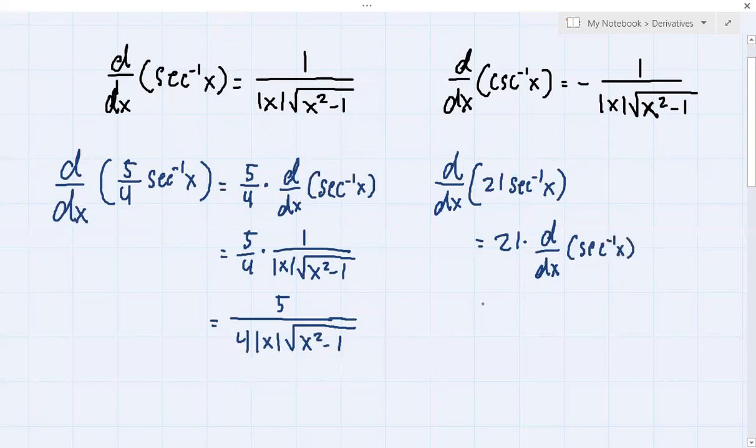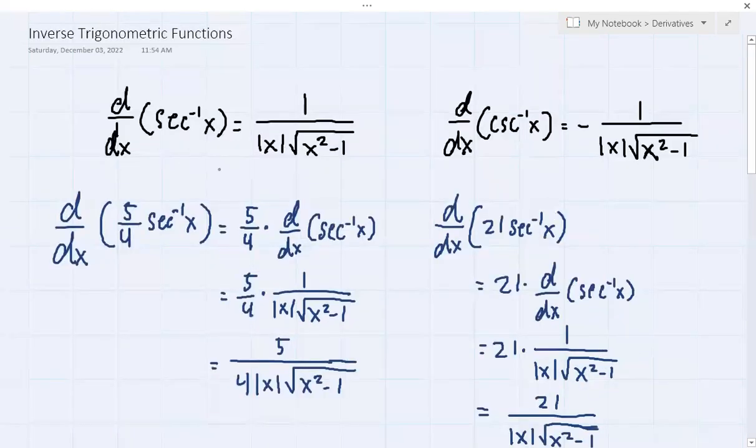So ang derivative ng arcsecant, this is 1 all over, once again, absolute value of x times the square root of x squared minus 1. So multiply them together, we will have the result of 21 all over the absolute value of x times the square root of x squared minus 1. Diba?